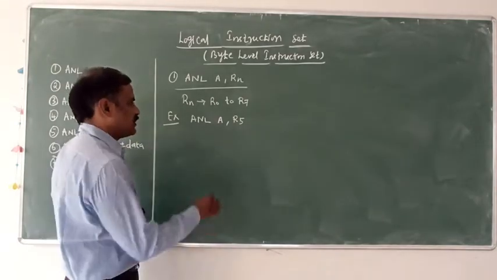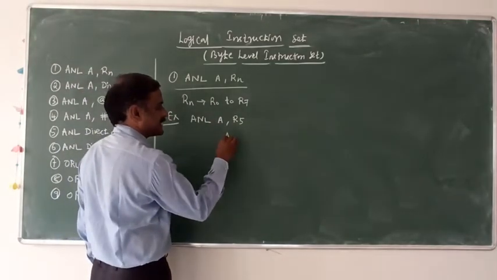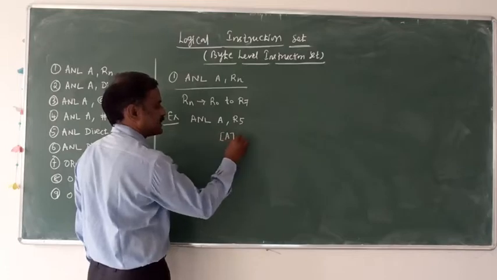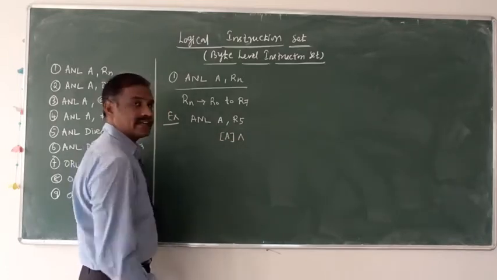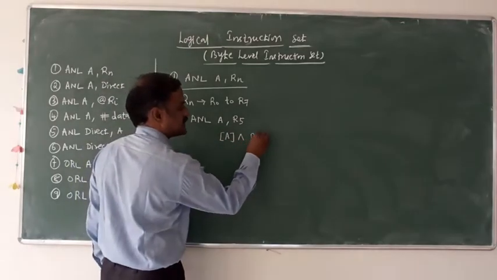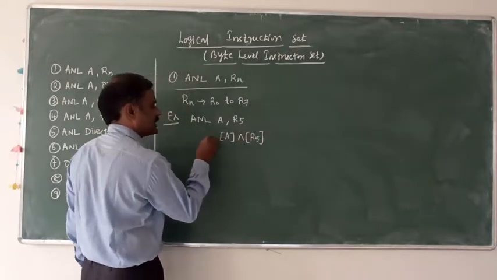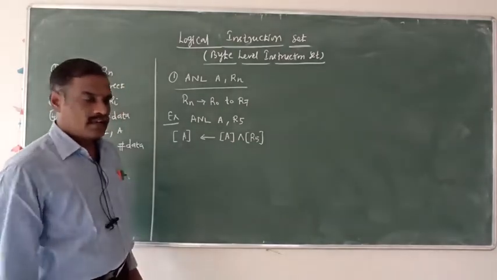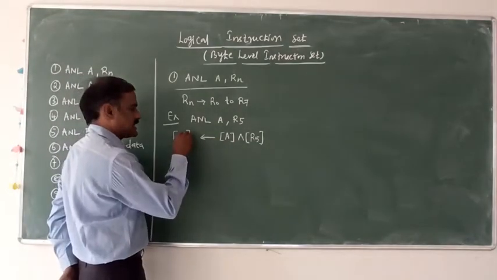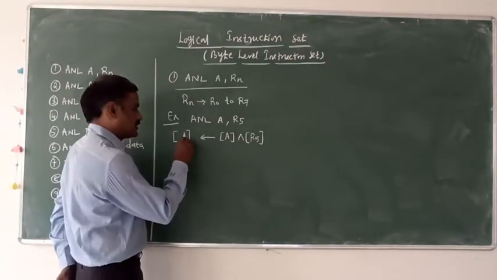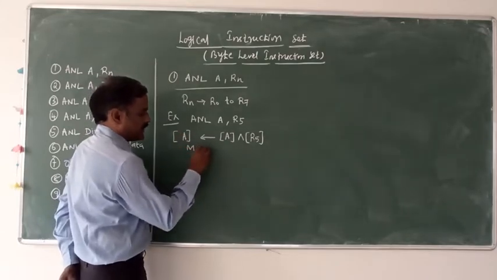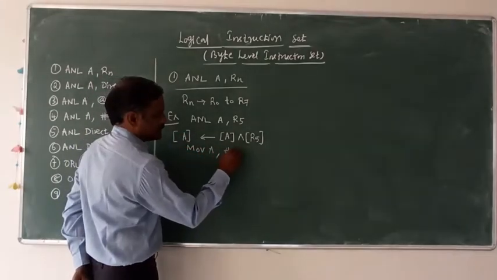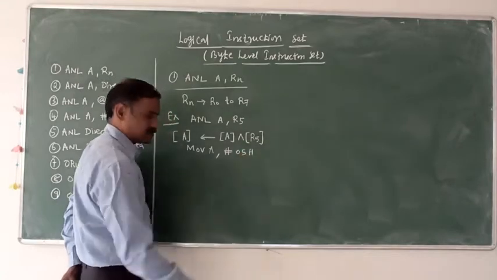Now, how to write this one? A register data, this is the symbol of logically AND, with the register data R5, and the result moves to the A register itself. First, we have to initialize the data in the A register. For that, MOV A comma, suppose 05H.